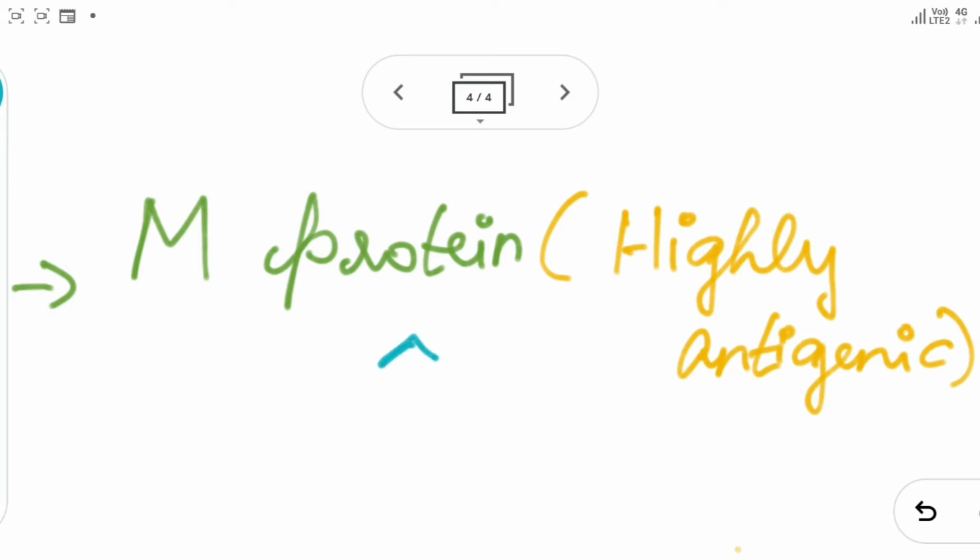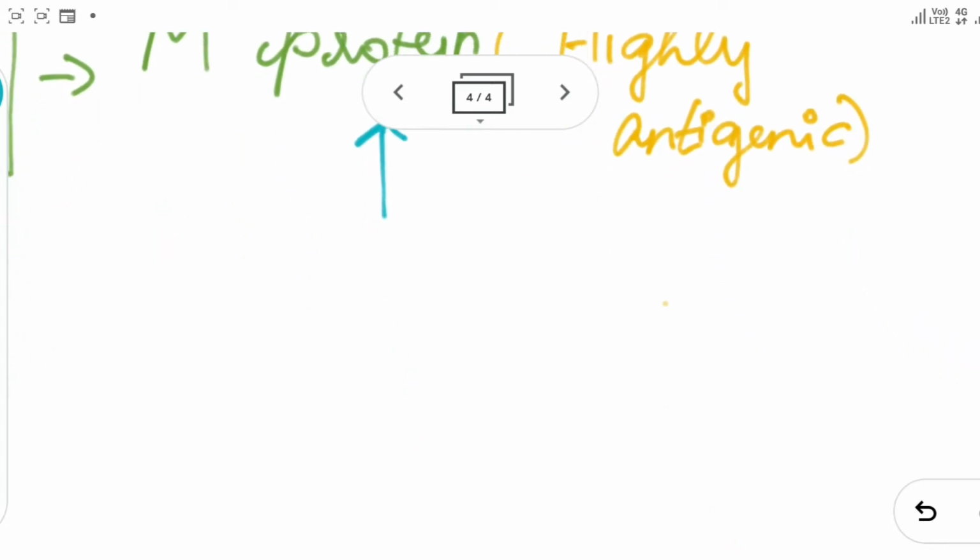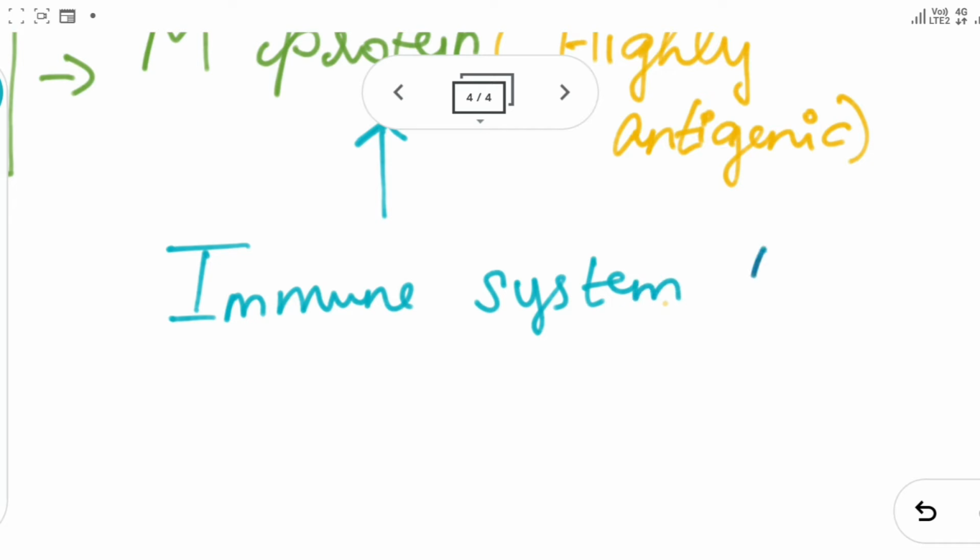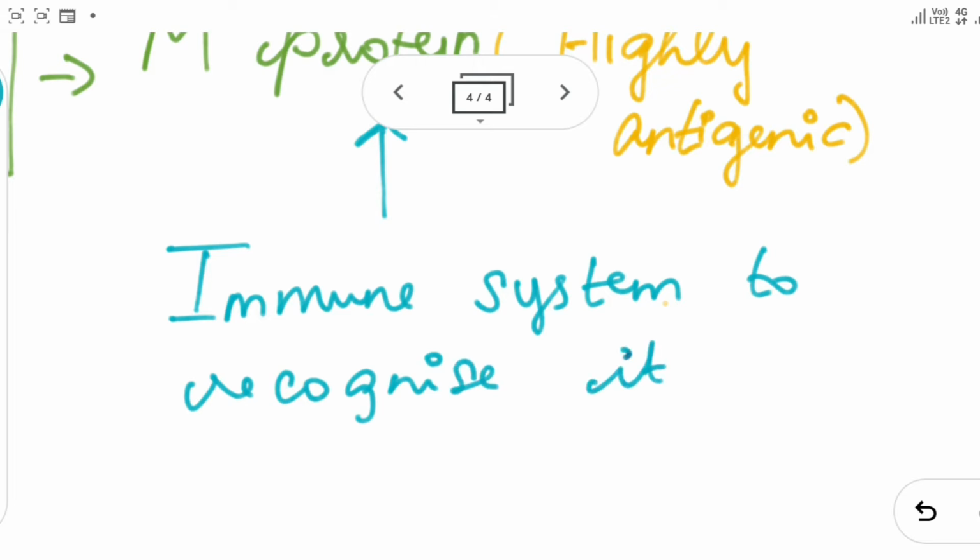This makes the immune system recognize it as a foreign body.